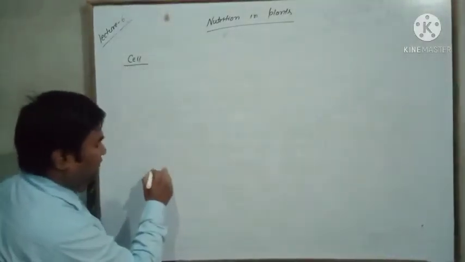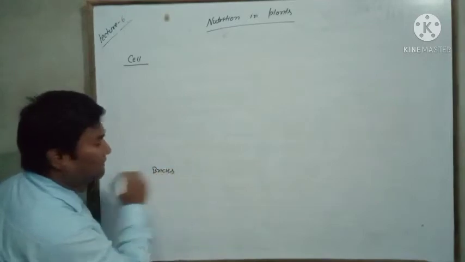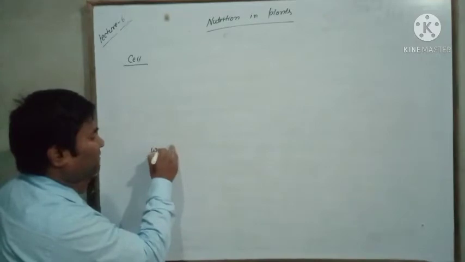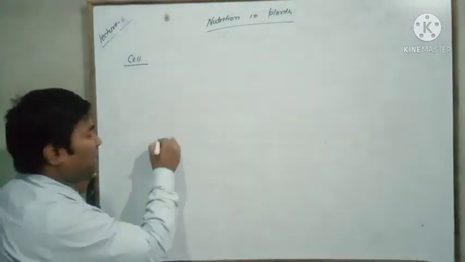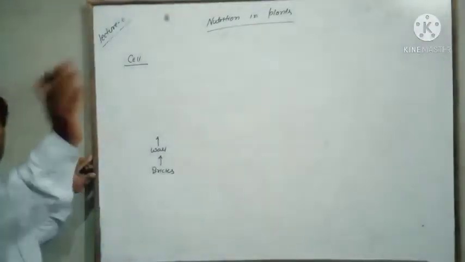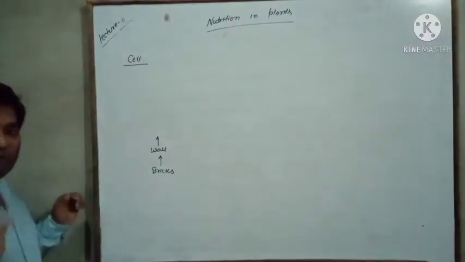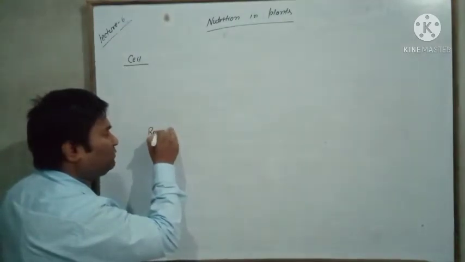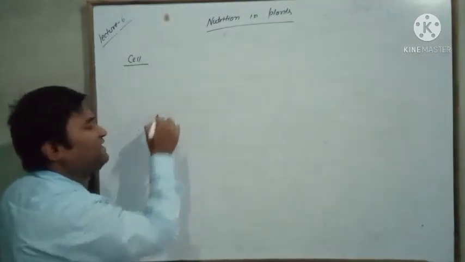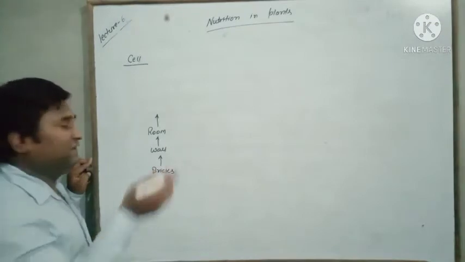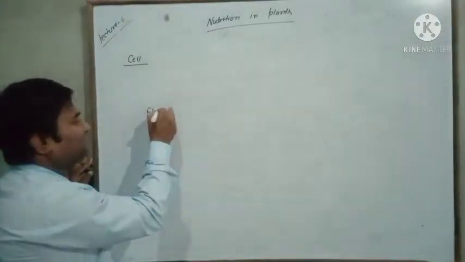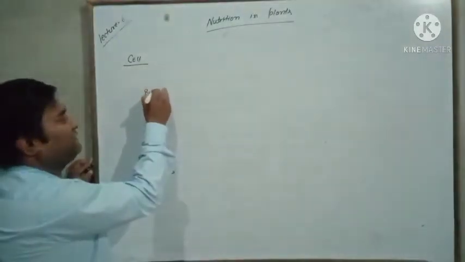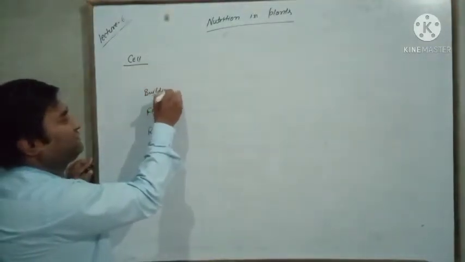See, you know bricks. Many bricks are joined together to form a wall, and the walls: one, two, three, four, top and bottom. All walls joined together form a room, many rooms joined together form a flat, and many flats together form a building.